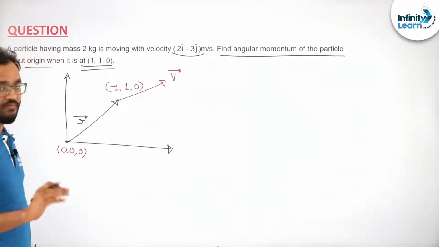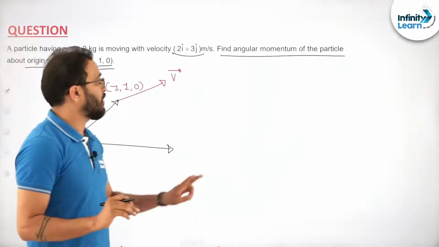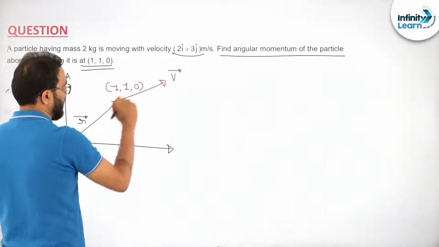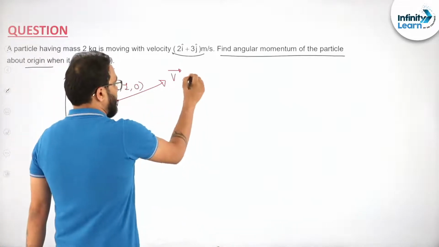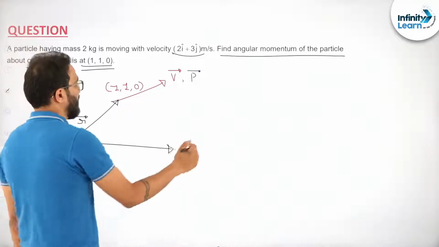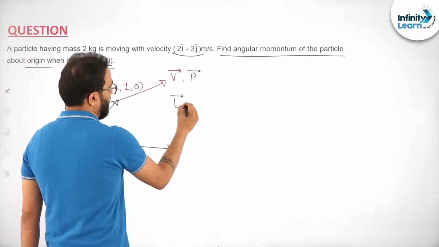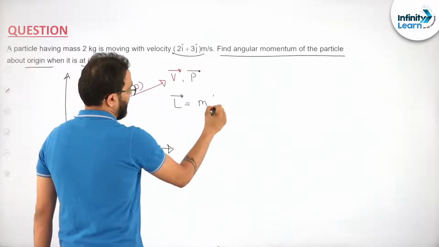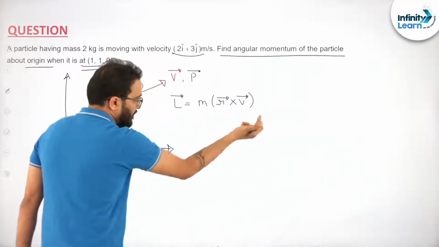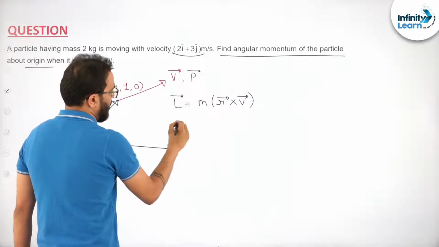Okay. Now here we will be discussing two things, because we have to find particularly the vector form. So we will say that this is vector r, this is vector v. Technically vector p will also be in the same direction, right? So we will say what is vector L? Vector L is m times vector r cross vector v. So first of all, what is vector r?